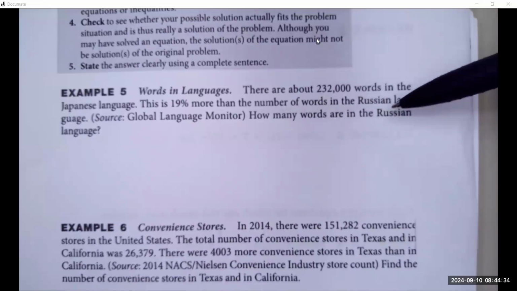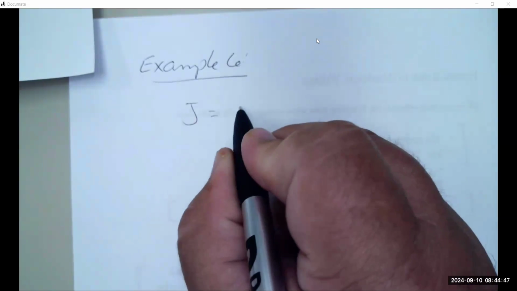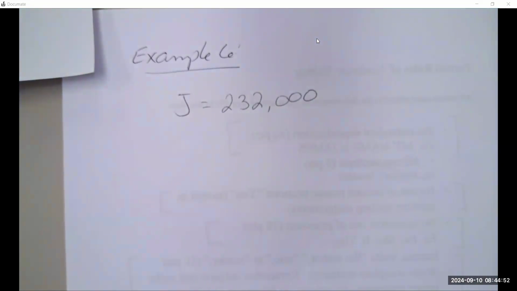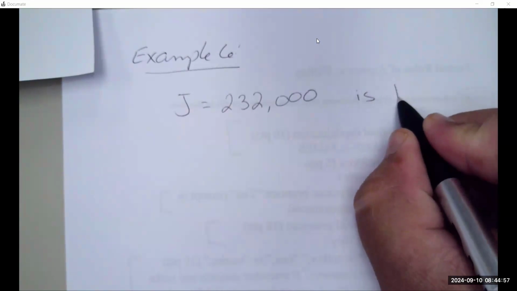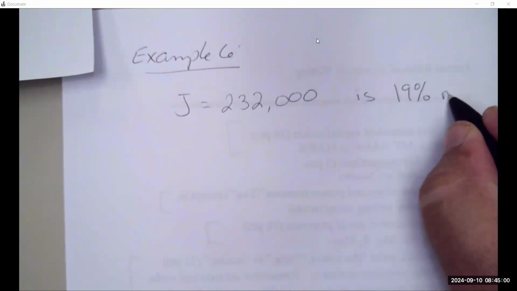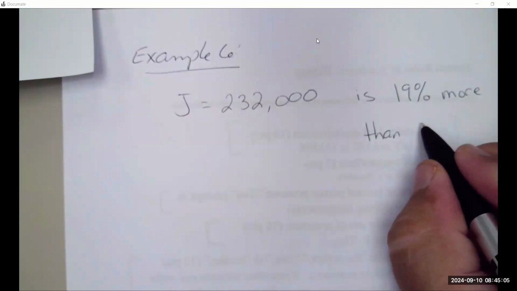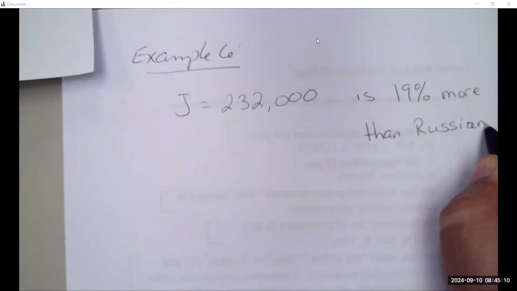How many words are in the Russian language? Let's see. We know the Japanese have 232,000 words. This is 19% more than the Russian language.